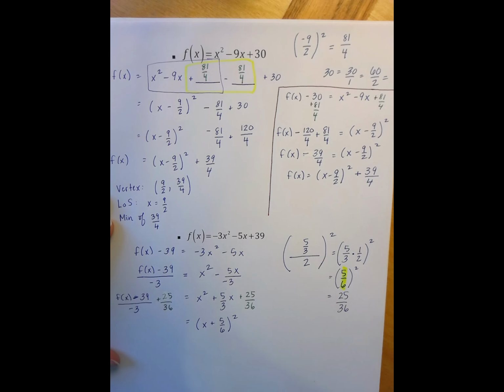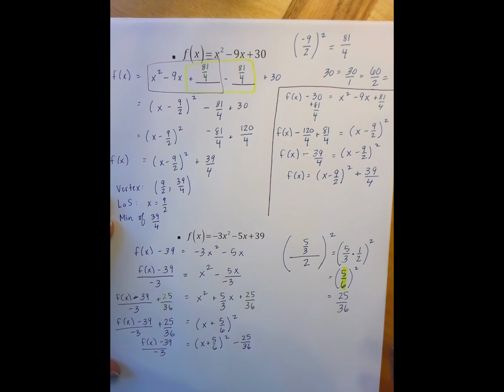I think the method that I'm going to use here is that I'm just going to rewrite this by moving my 25 over 36 to my right-hand side. So I have x plus 5 over 6 squared minus 25 over 36. Still have f of x minus 39 over negative 3.